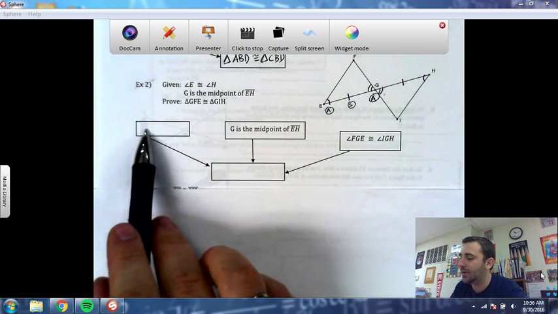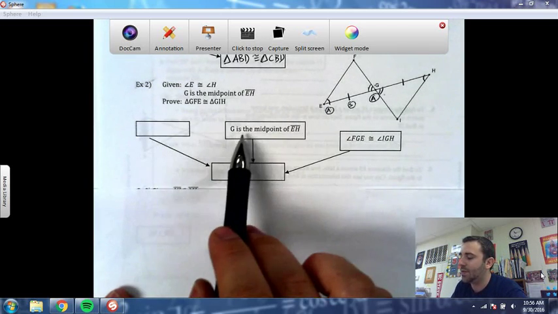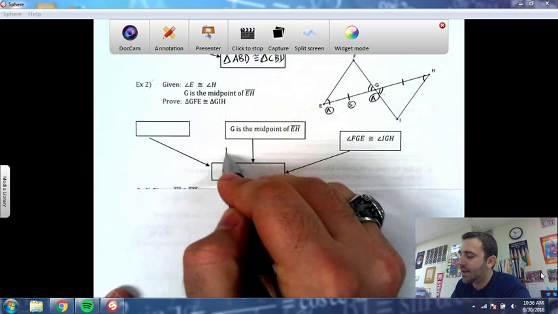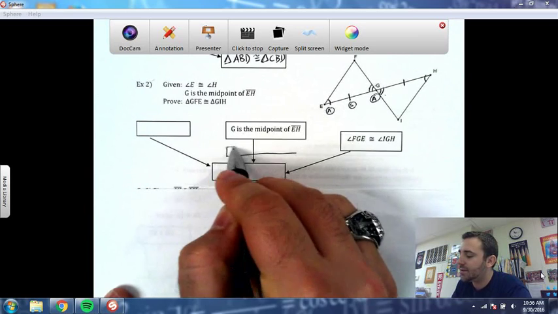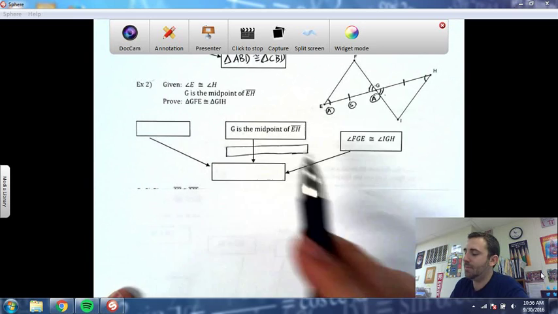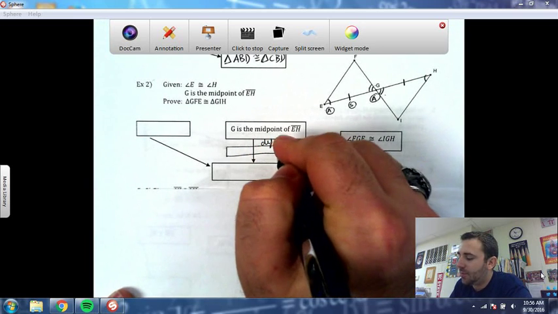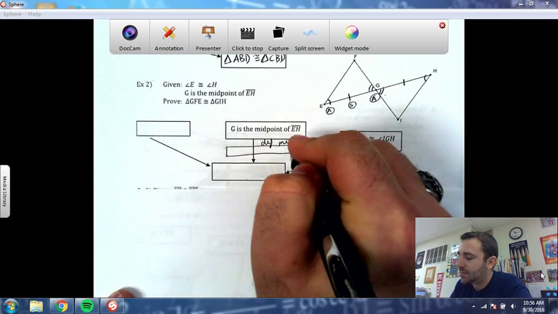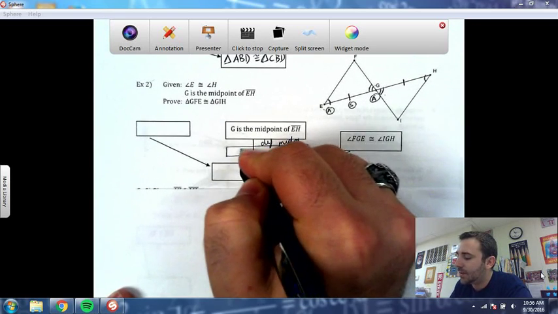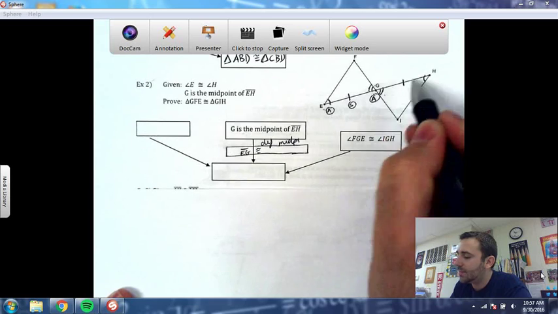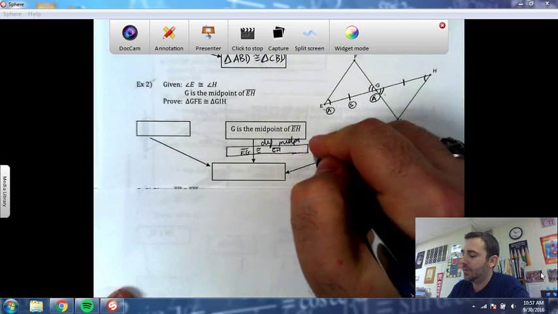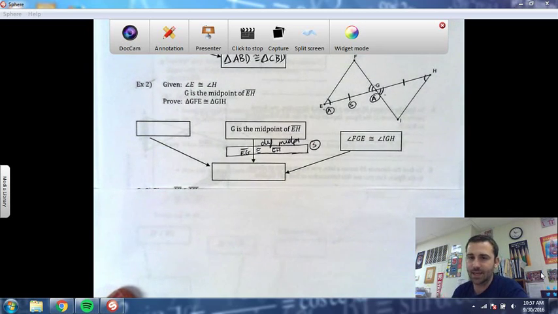In our first box, we're already given that G is the midpoint of EH. Well, that midpoint gave us more, and we have to fill it in because we don't have enough boxes here. That midpoint, by definition of midpoint, gives us congruent segments. And so then I can say segment EG is congruent to segment GH, by definition of a midpoint. There's the side that I need, so I'm taking inventory.